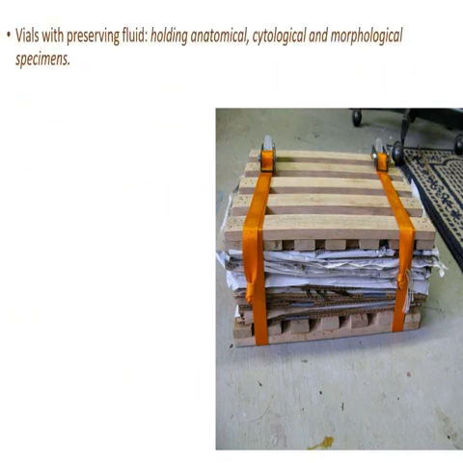You'll also require vials with preserving fluids, and we are saying that these vials are for collecting or holding anatomical, cytological, and even morphological specimens. And we had already said earlier on that they will use the vials for collecting succulent specimens.